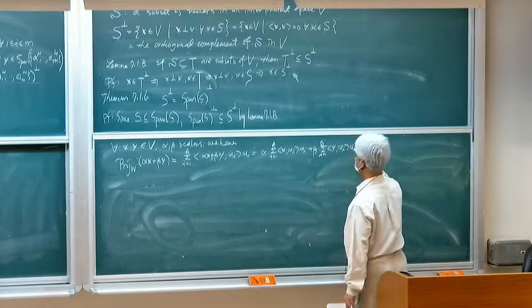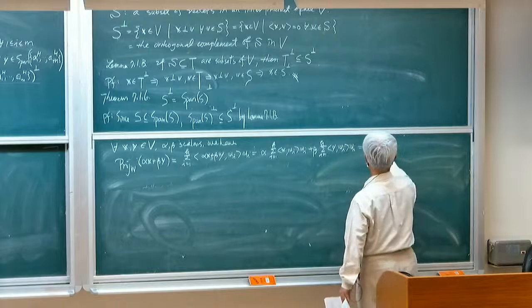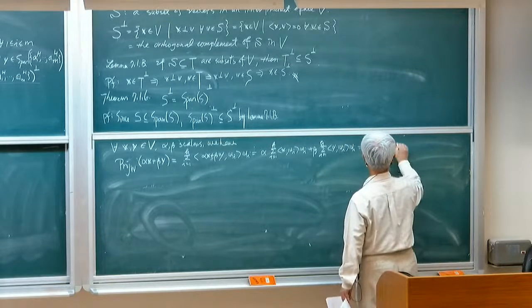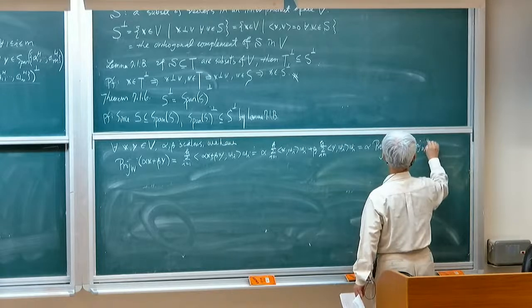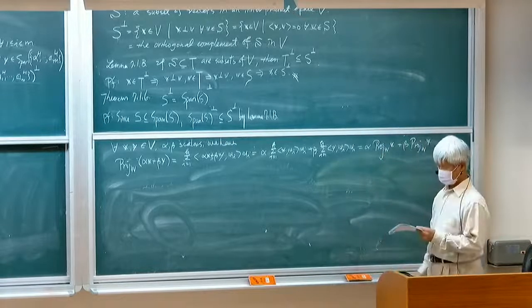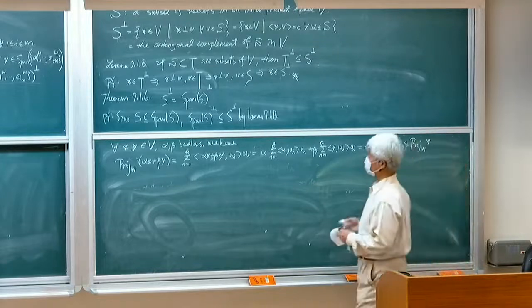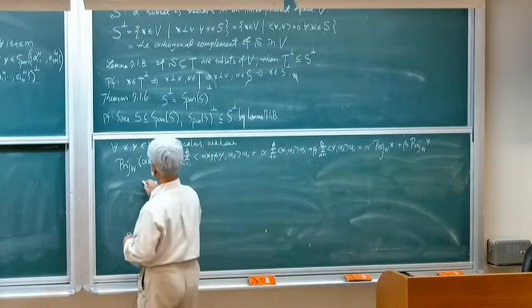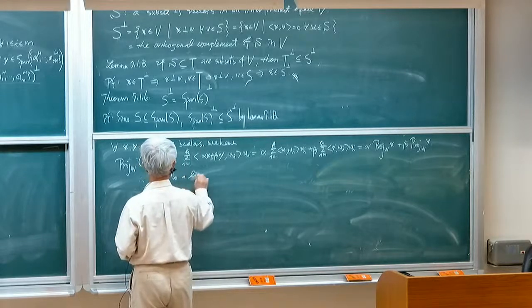So you see this is alpha times the projection of x plus beta times the projection of y. Right, so we have linearity, so that projection is a linear operator on V.